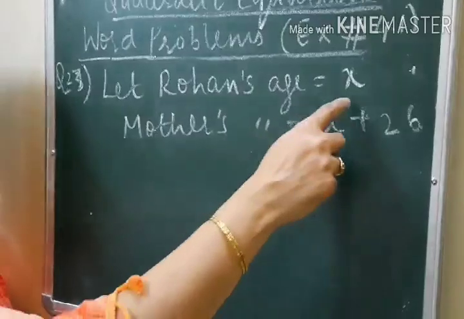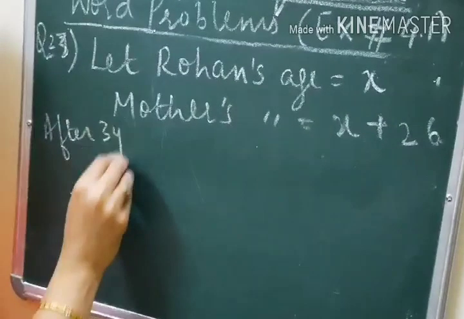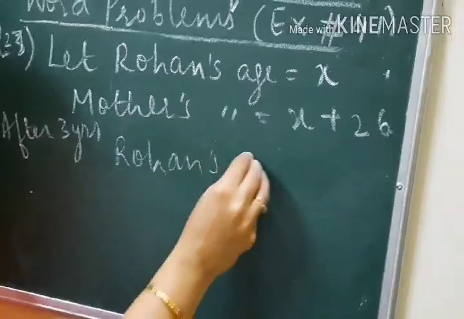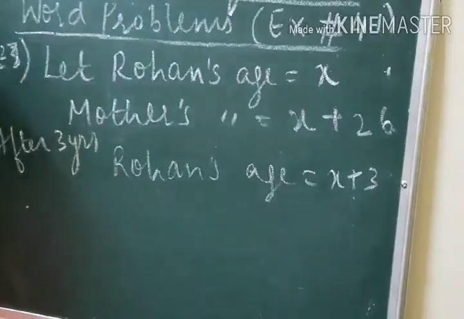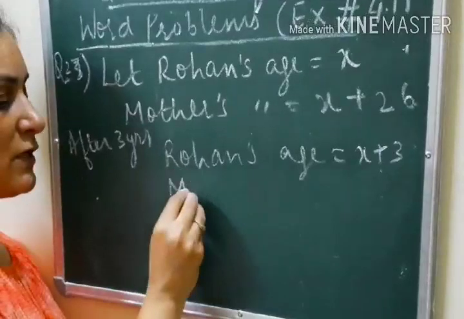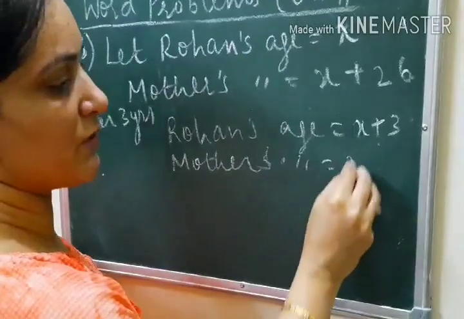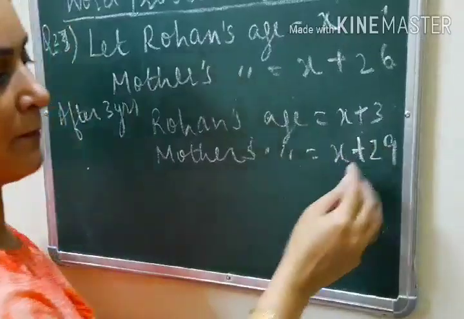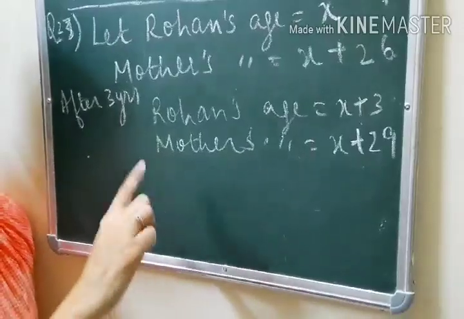So now if Rohan's age is x, after 3 years Rohan will become, what will be his age? Rohan's age will be x plus 3. And as Rohan will grow 3 years older, his mother will also grow 3 years older. So mother's age will also be x plus 26 plus 3, that is x plus 29. So first we have just written what will be their ages 3 years from now.